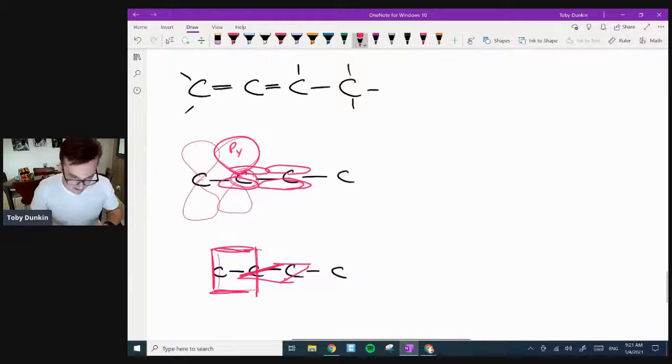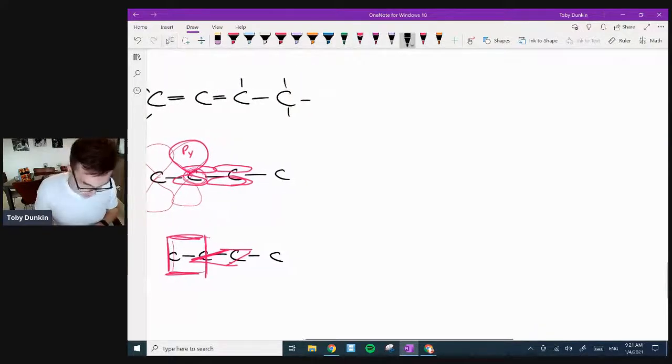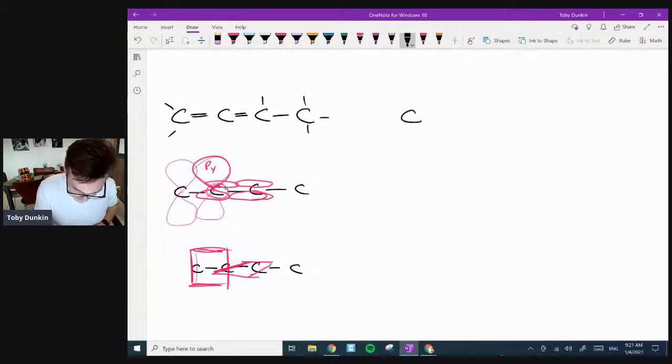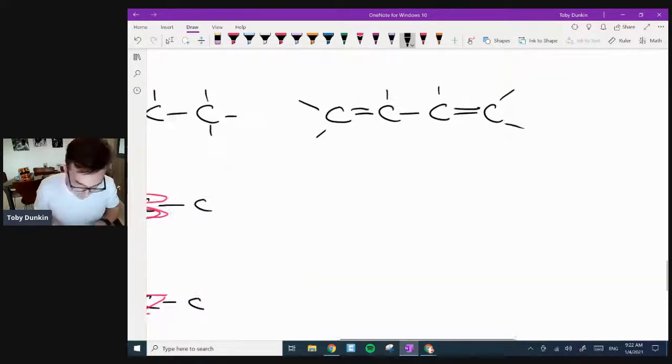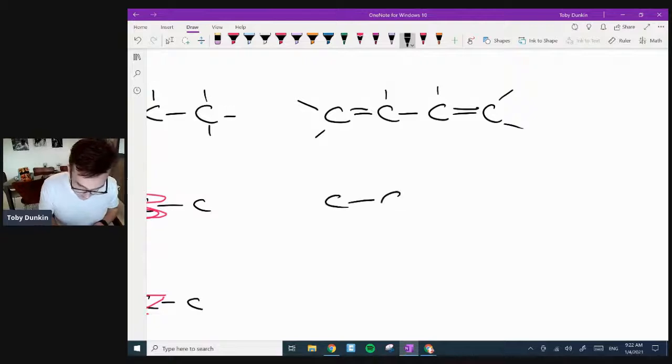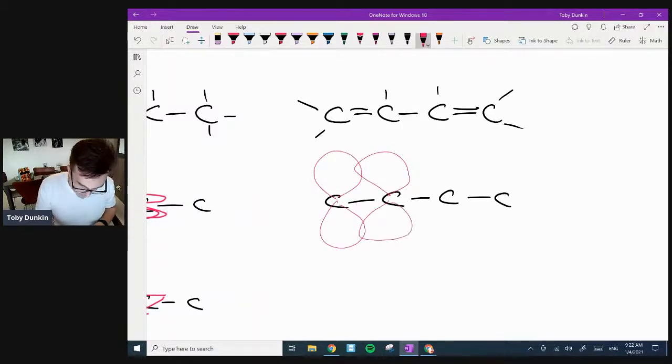Now, when you get the next situation where the double bonds are separated, here's what happens. The double bonds are now one carbon apart. And this leads to a really cool effect. When we draw this out in terms of the P overlaps, we get to see a PY here, PY here, PY here, and so on all the way along.